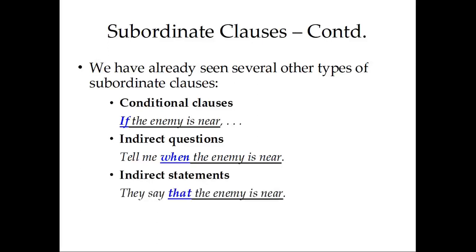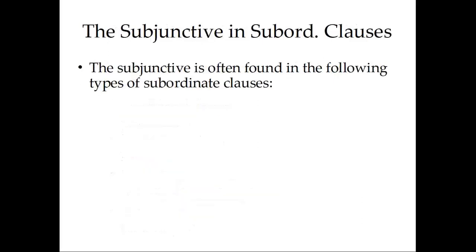Indirect statements like they say that the enemy is near. This whole phrase there, that the enemy is near, is a subordinate clause of indirect statement. And also relative clauses, the enemy who is near. None of these underlined clauses on its own makes any sense without something else to complete its meaning. They're all types of subordinate clauses.